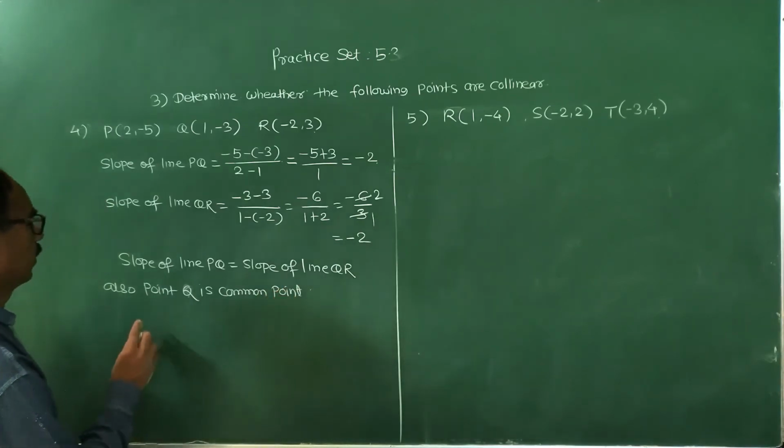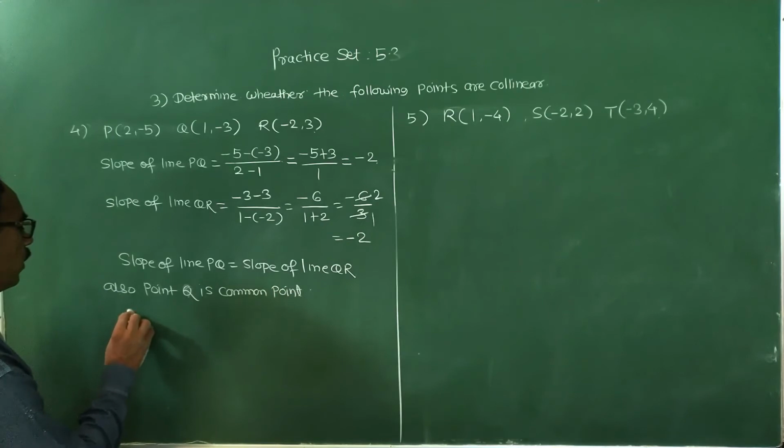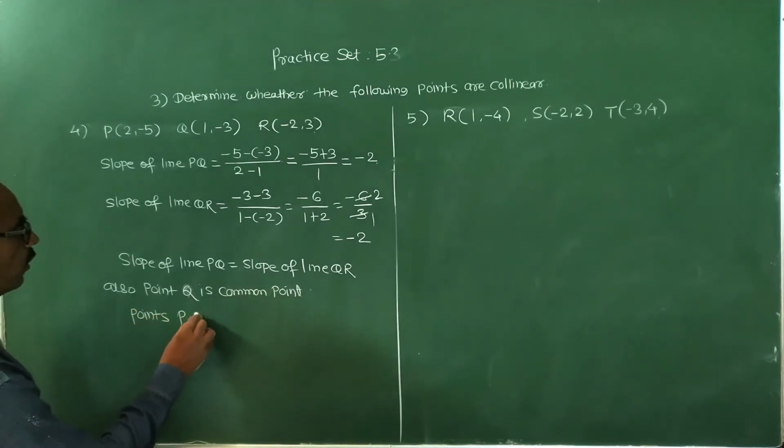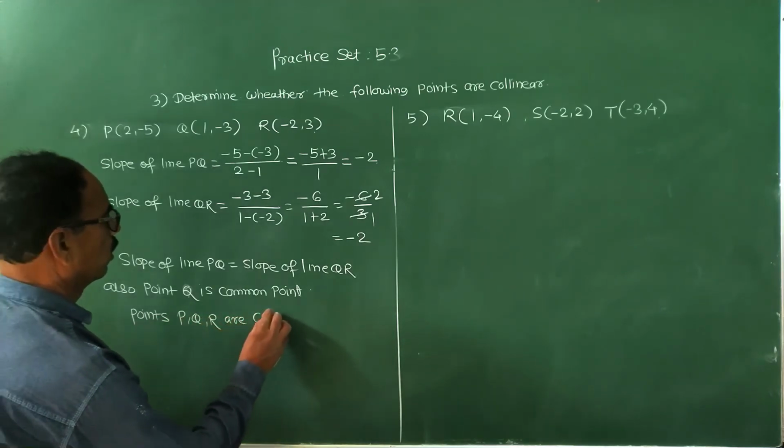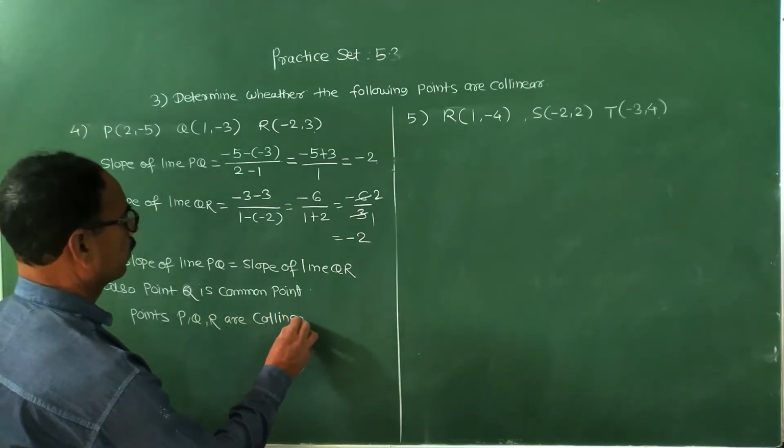So we can say that points P, Q, R are collinear points.